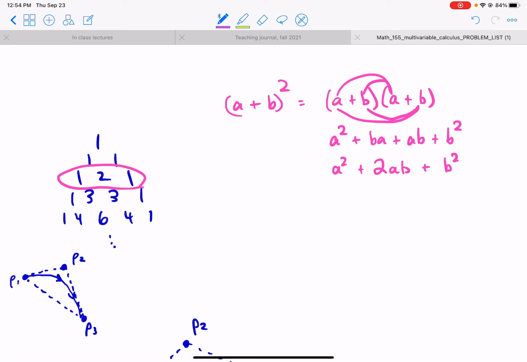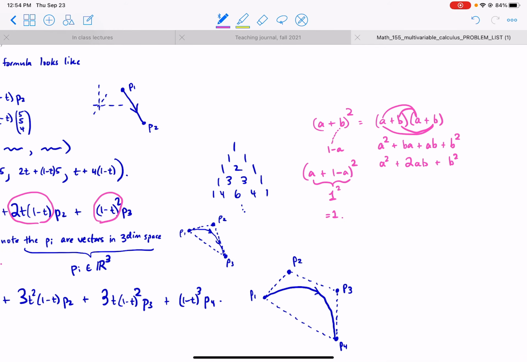The same thing will happen if you did (a plus b) to the third. You would get these coefficients. And now what happens is that if we set b equal to 1 minus a, so think of a as t and 1 minus t, then, what is (a plus (1 minus a)) squared? Well, inside here, this is 1. And what's 1 squared? 1 squared is 1, no matter what a is.